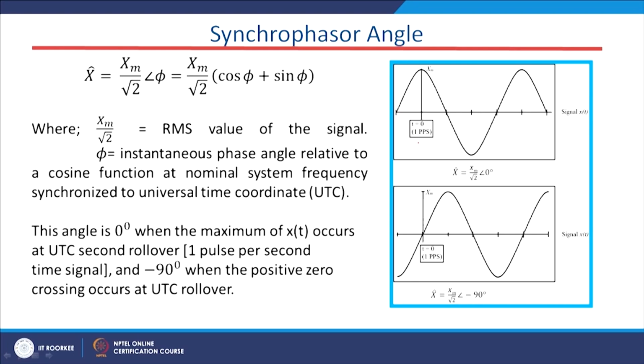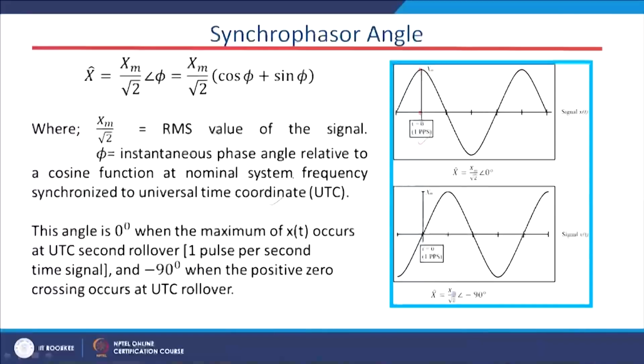So, this 1 pulse per second, 1 pps, corresponds to t equal to 0 when this cosine function is having the peak value. This is the definition by the IEEE standard, on how to standardize this synchronized angle. Universally this angle should be synchronized. For that we have some format, some standard, where we have to take one cosine function. If this is my signal, this phi is the instantaneous phase angle relative to a cosine function.